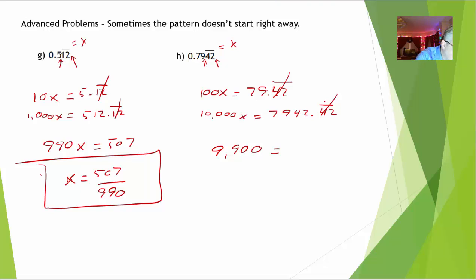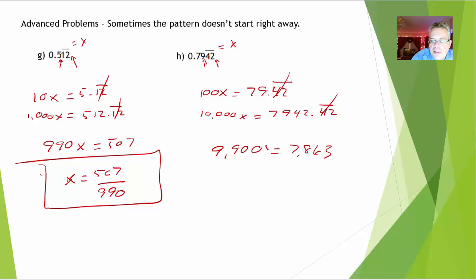So I need a calculator here. All right, 7942 minus 79 is 7,863. Okay, so I gotta be careful with subtraction. Decimal parts cancel. I'm subtracting their whole number parts.